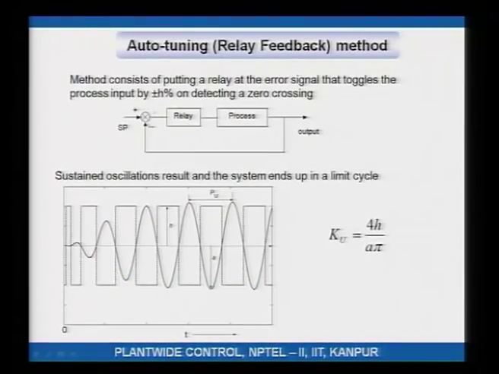The relay takes in this error signal, and if this error signal shows a 0 crossing, the output of the relay toggles to either, let us say, plus 5%. At the next 0 crossing of the error, the output will toggle to, let us say, minus 5%. So, plus h or minus h. Okay. I have just used as an example 5%.